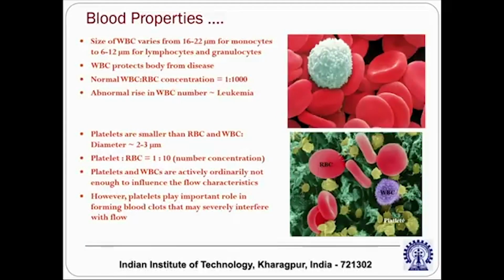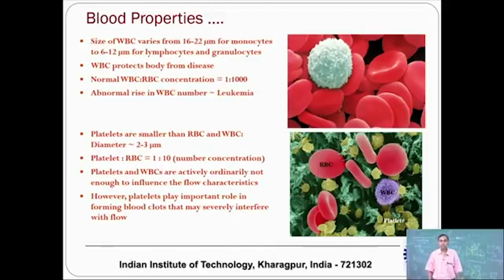So, unlike the red blood cell which commonly affects the flow dynamics, if somebody asks you what aspect of the blood affects the dynamics of flow, the most important aspect is the inclusion of the red blood cells.